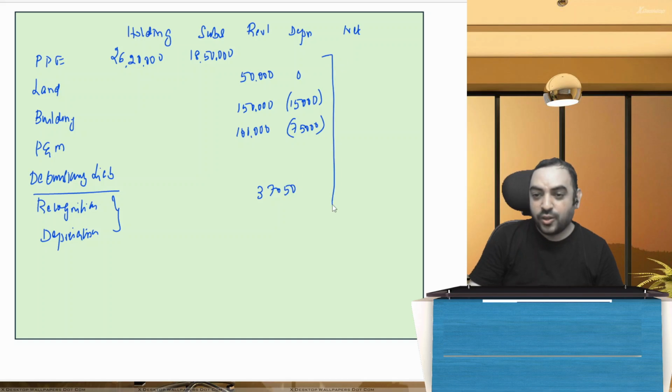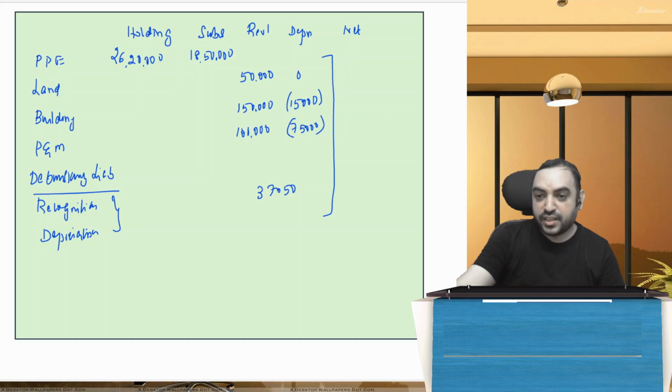Okay, so add all these numbers. So what do you get? 26 lakh 20,000, 18 lakh 50,000, plus 50,000, plus 1 lakh 50,000, plus 1 lakh 75,000, minus 15,000, plus 37,050.